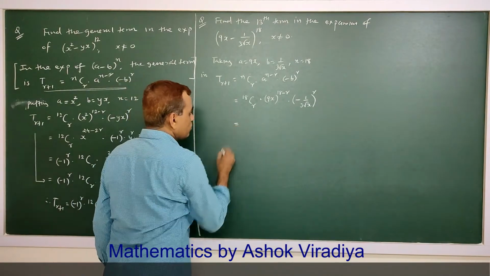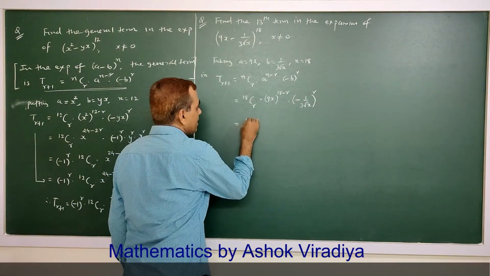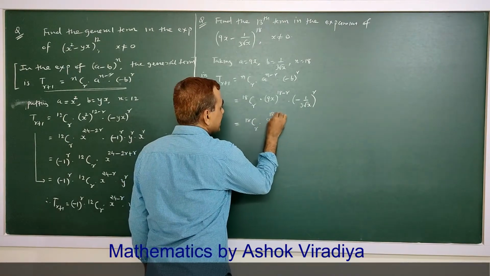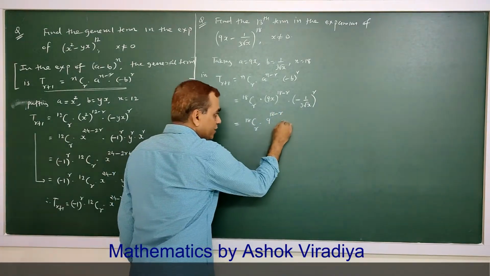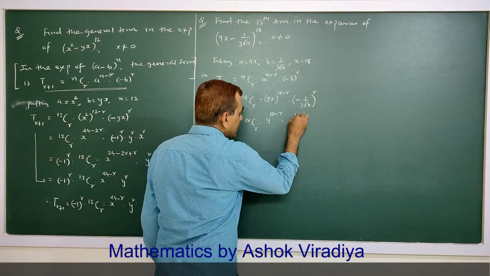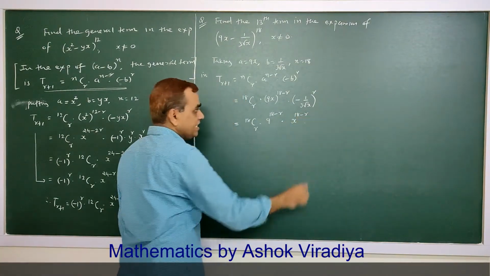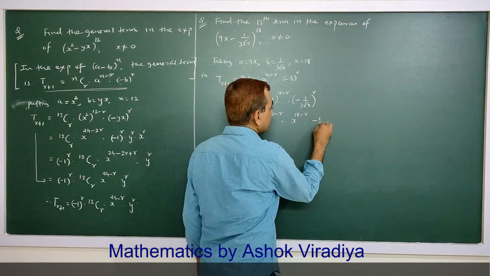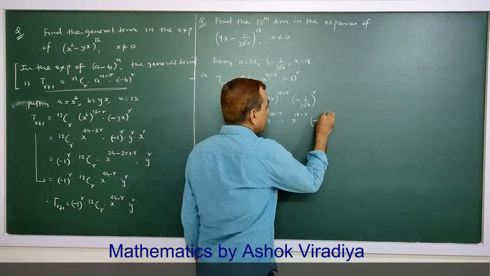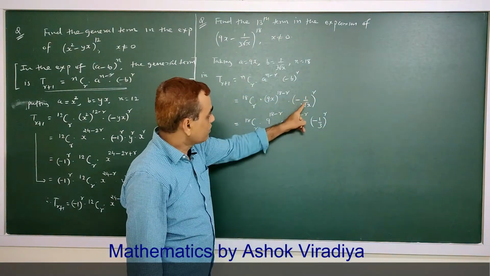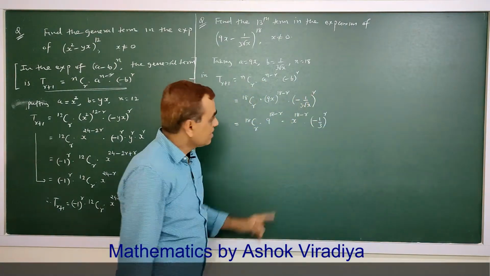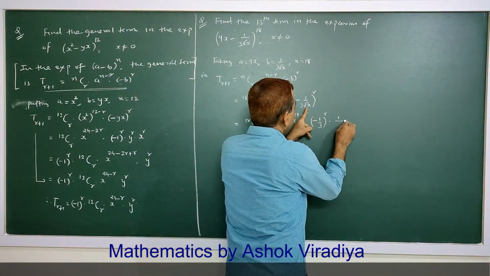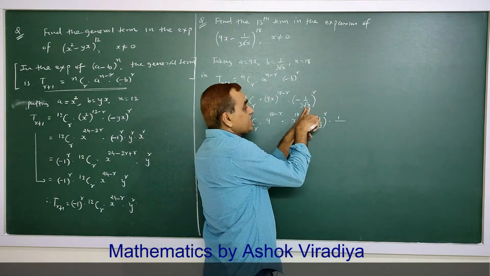It is equal to 18cr into 9 raised to 18 minus r into x raised to 18 minus r into (minus 1 by 3) raised to r, and here this is 1 upon, say, x raised to half.